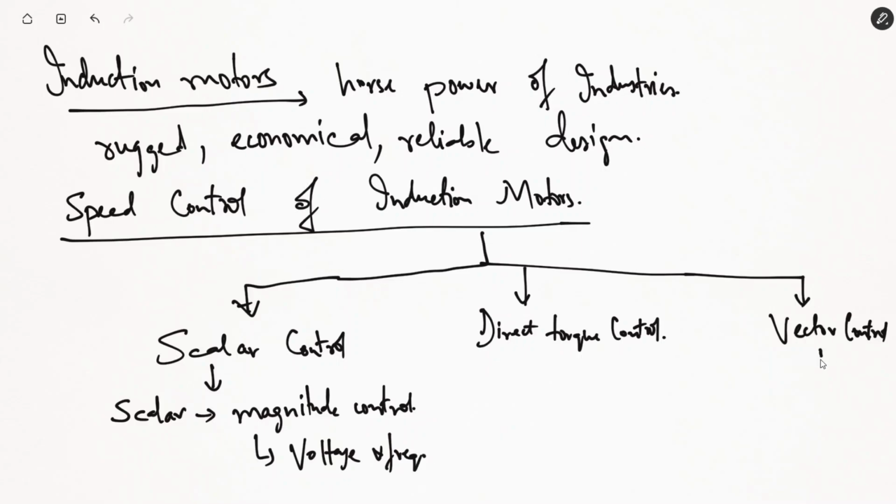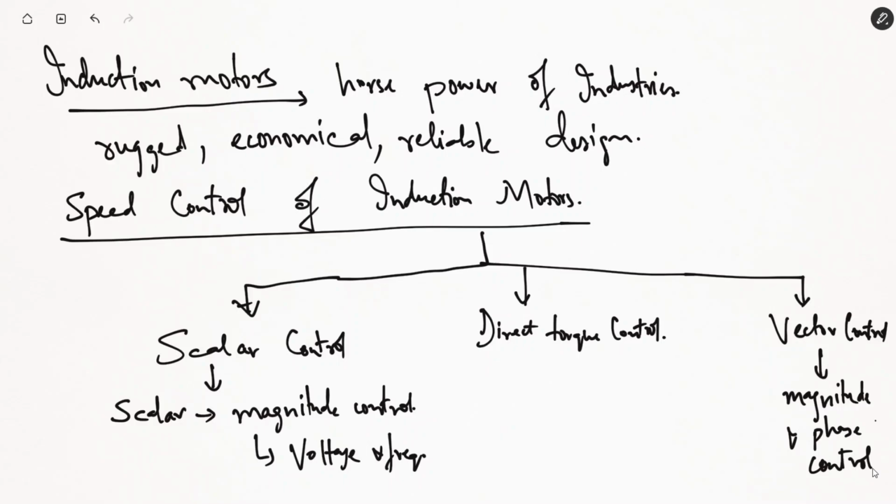While in the case of vector control strategies, as the name vector indicates, we are dealing with magnitude as well as phase control. So we are not only changing the magnitude of voltage and frequency, but we are also changing the phase between the voltage.